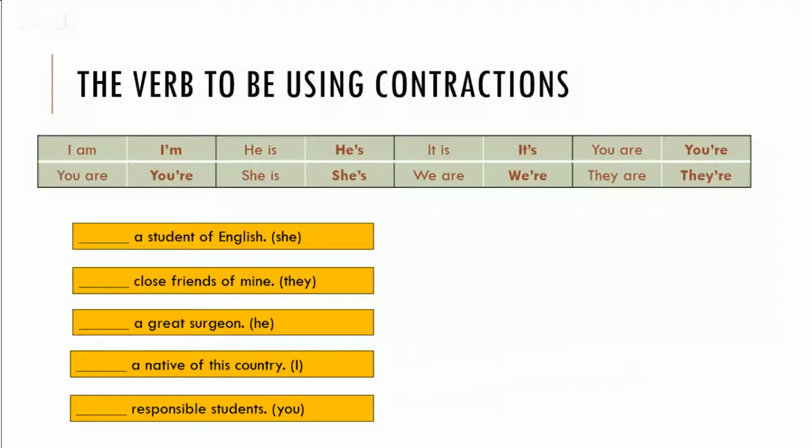For the first one, I'm going to wait to see someone answer. How would you write the subject and verb of the first sentence as a contraction? Put it in the chat for me. Not the whole sentence. Just give me the subject and the verb as a contraction.